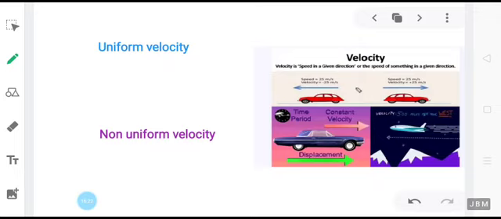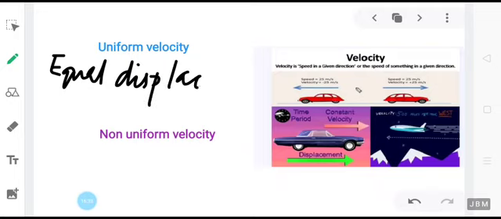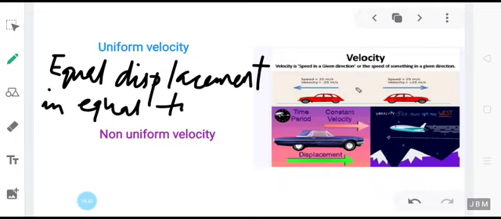Uniform velocity. An object is said to be moving with a uniform velocity if it undergoes equal displacement in equal intervals of time, howsoever small these intervals may be.